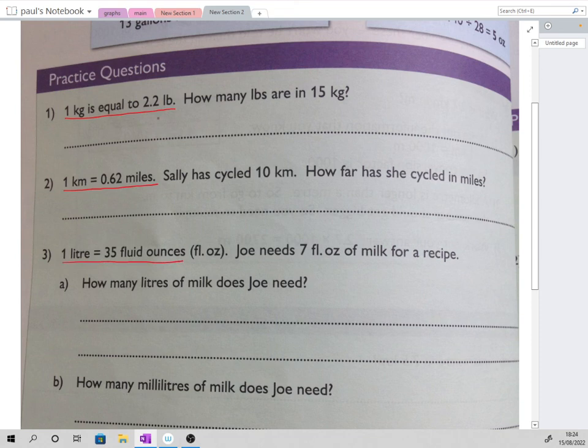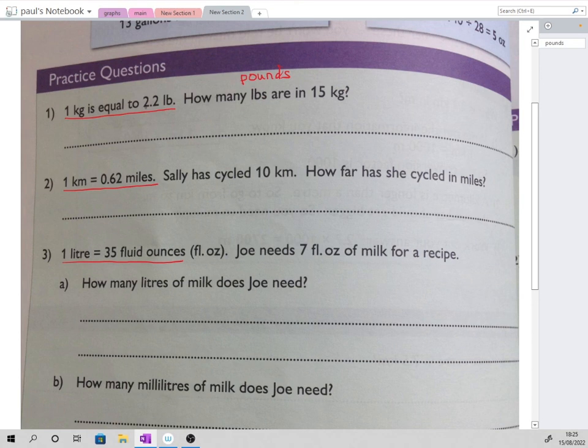So they're telling you what to do, or they're giving you the information so that you can do it. They never just go, how many pounds? That's pounds, by the way, LBS. Pounds. Not pounds money, but pounds weight. How many pounds are in 15 kilograms? They wouldn't ask you that just off the bat. They give you this information first.